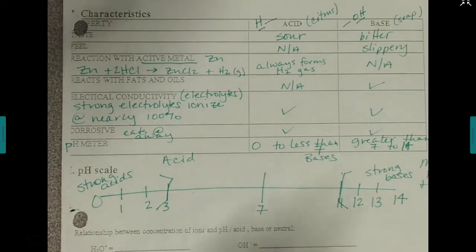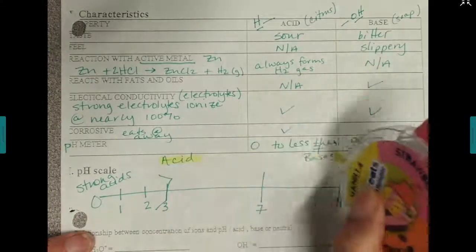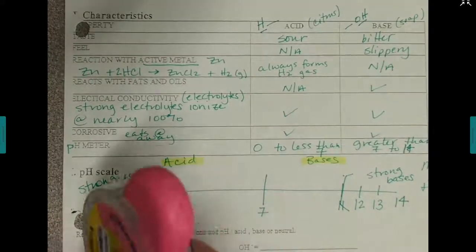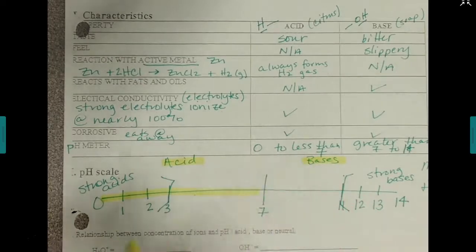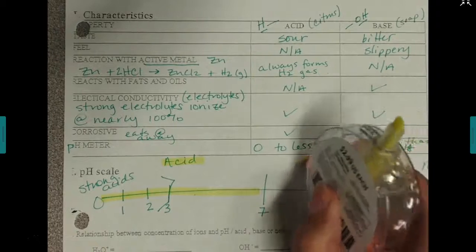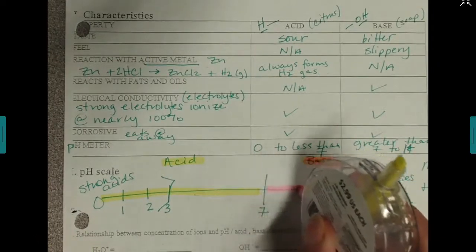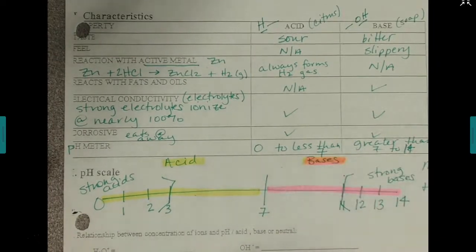So here, let's highlight this, acid and a base. So we'll have acid to nearly 7. Actually, let's do a base in pink. And then we'll do base all the way here. Okay.